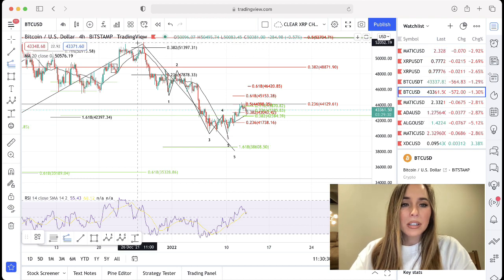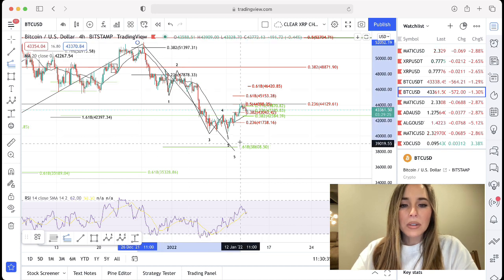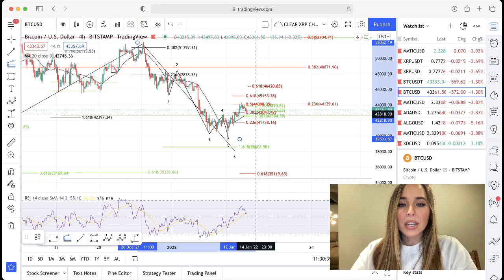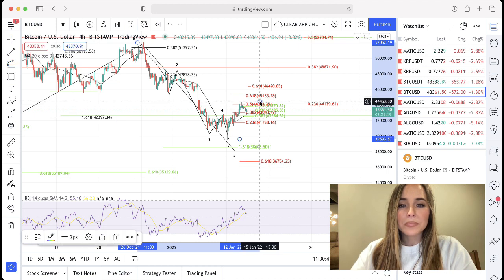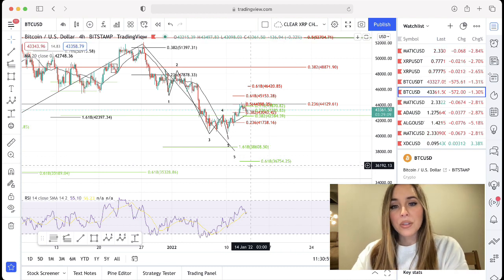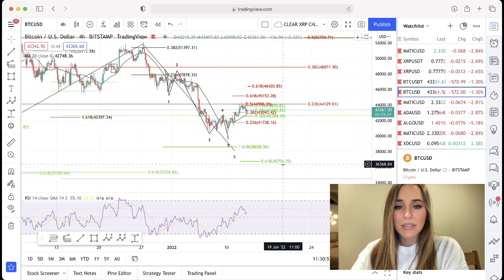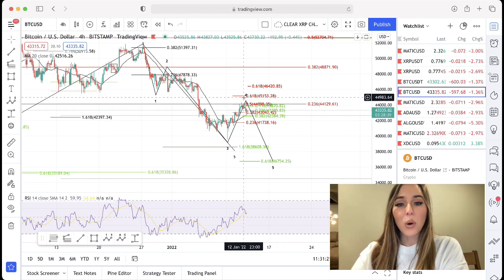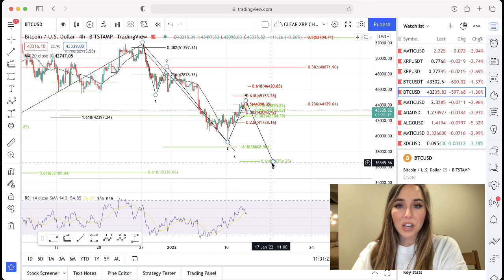And this time we're going to click the top of this wave 1 over here, down to the bottom of where this 5th of the 3rd went, and then to the top here where wave 4 went. And so I'm going to turn that green because that is going to be a buy. And so then that would look like we have a bottom for the 5th wave at 36.7. And so that's what it would look like if this is a wave 4 coming up here with a wave 5 coming down.